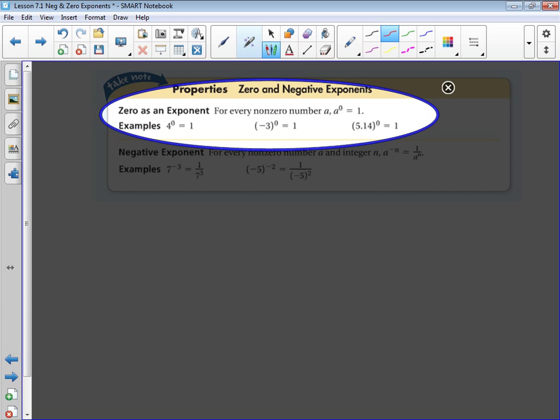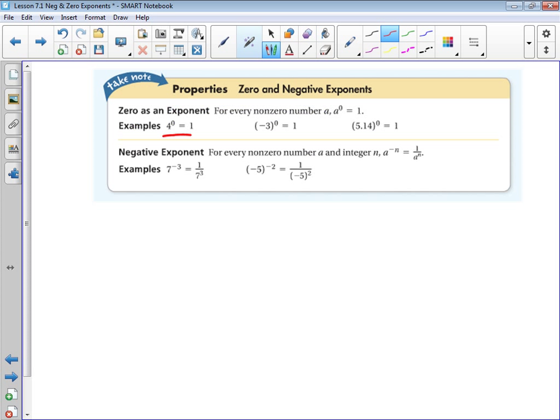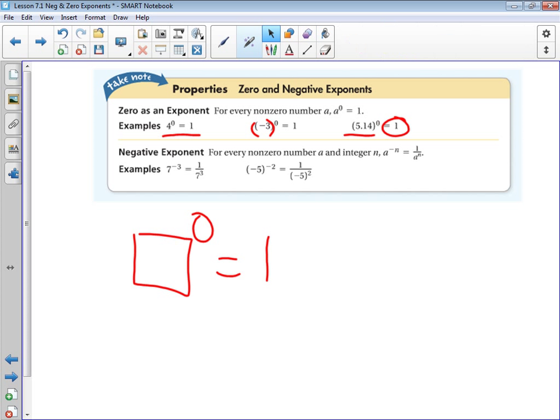Notice that 4 raised to the 0 power is 1, and parentheses negative 3 raised to the 0 power is equal to 1, and any number raised to the 0 power always equals 1. Now I can take the time to show you how that's possible and why that's possible, but I'm not going to right now. Just for now, think of it as a definition. Anything raised to the 0 power equals 1. There's a couple of exceptions to that rule, and I'll show you that in the examples that are coming up.